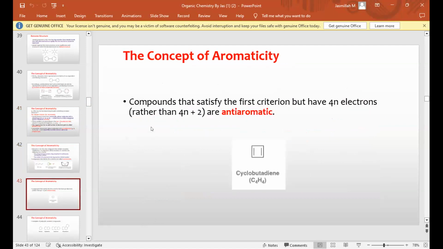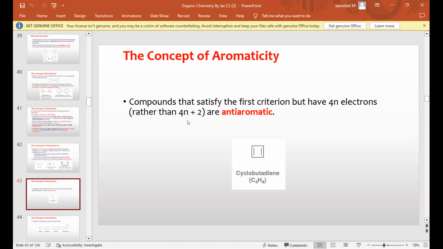Compounds that satisfy the first criterion but have 4n electrons rather than 4n plus 2 are anti-aromatic. An example is cyclobutadiene. It does not obey Huckel's rule because it does not obey this formula.